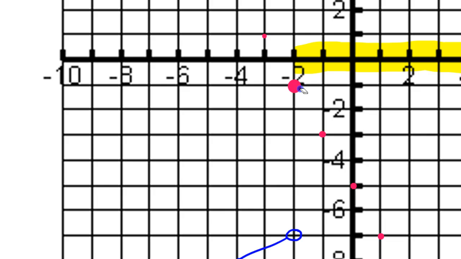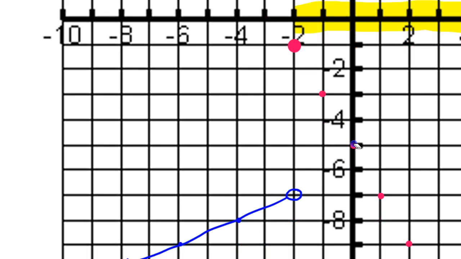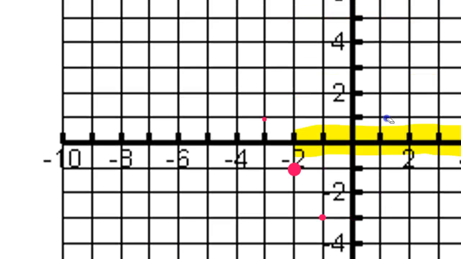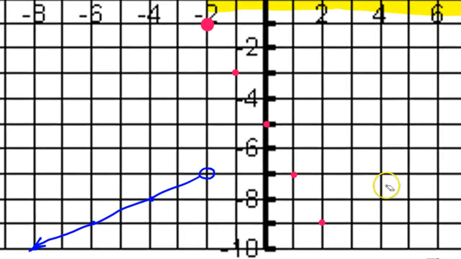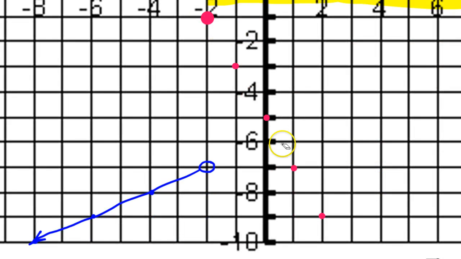All right, and then I'm going to go ahead and draw in the values that are going to the right, because here the yellow, I'm showing you the domain greater than or equal to -2 goes to the right. So there won't be any points over here to the left, so we'll go ahead and erase that. And I'm just going to go ahead and draw in these pink points right here.